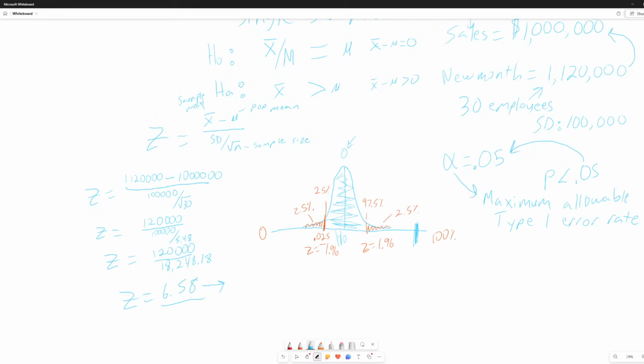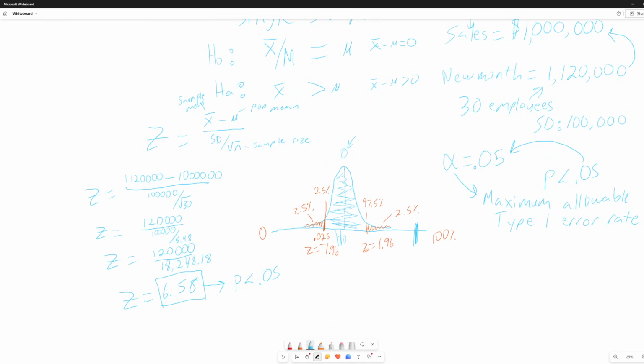And what happened was, once we got past the critical value of 1.96, we know that all p-values on this side of the critical value will be associated with a p-value of less than 0.05, which would lead us to say, sure enough, this is significant.